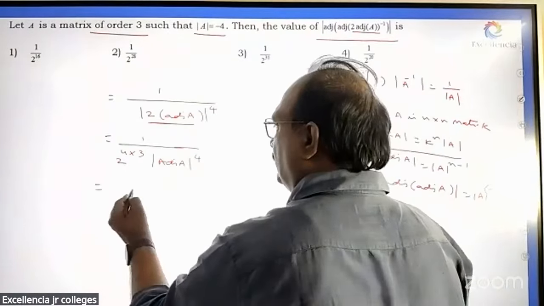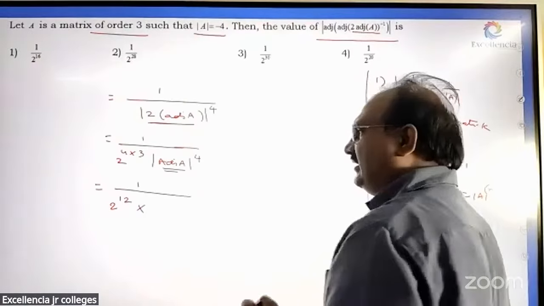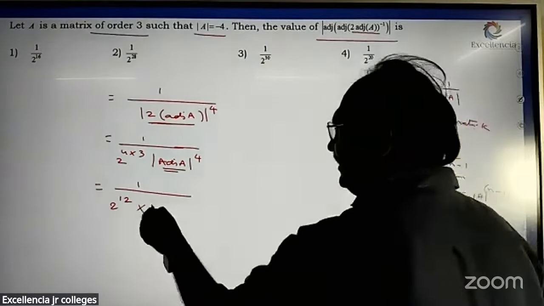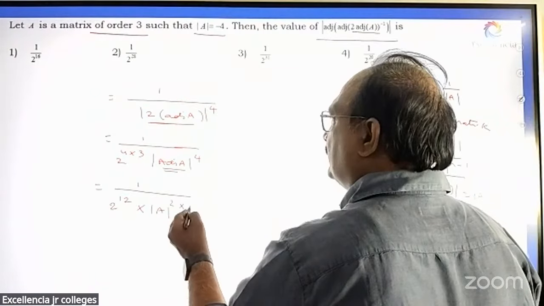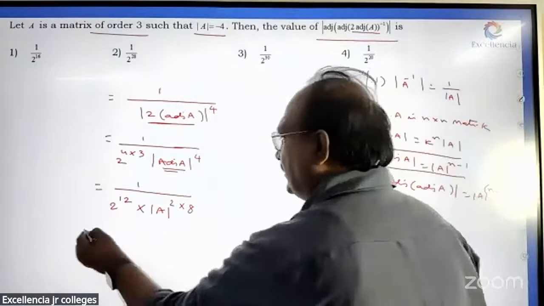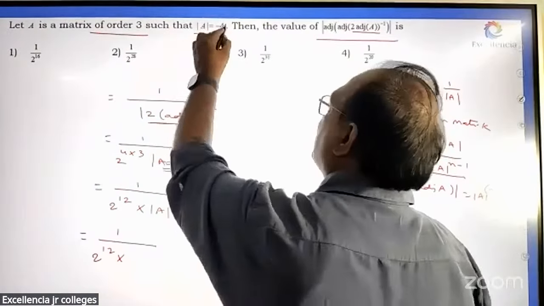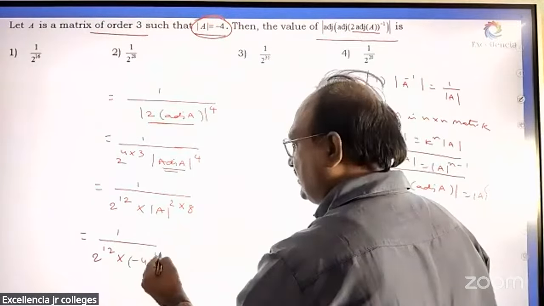It is nothing but 1 by 2 power 12 into det of adjoint A. Det of adjoint A is nothing but det A whole to the power of n minus 1, which means 2 into 8. So it is nothing but 1 by 2 power 12 into det A, which is given as minus 4, minus 4 whole to the power of 16.